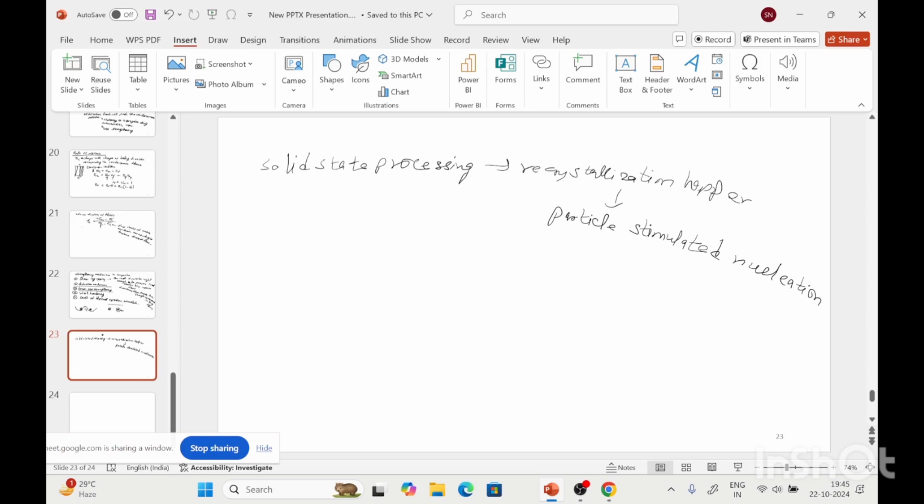So this leads to the grain size strengthening, meaning grain size will be low and strength of the composite will be high.